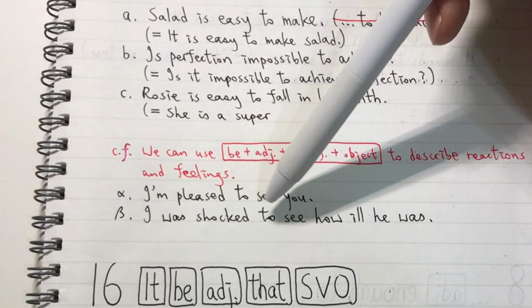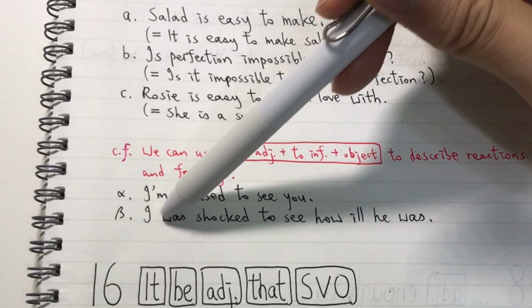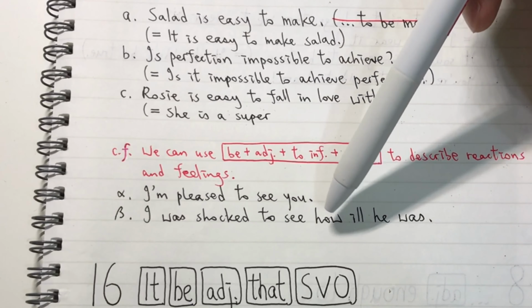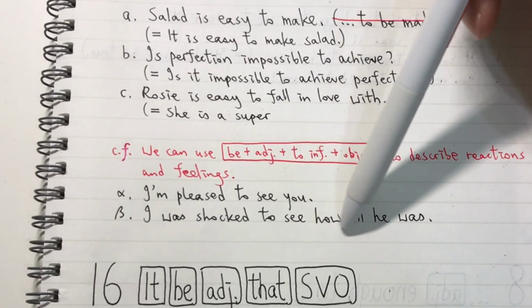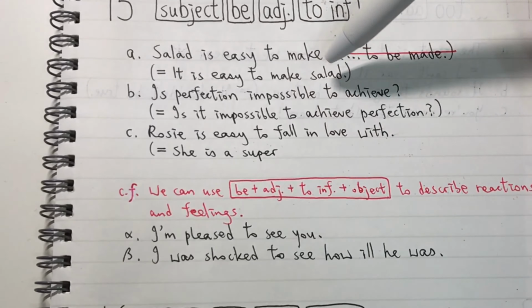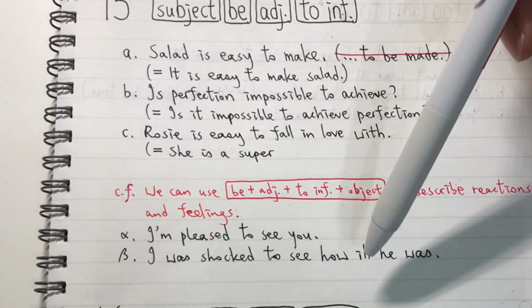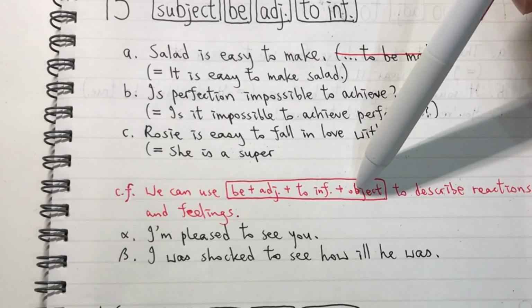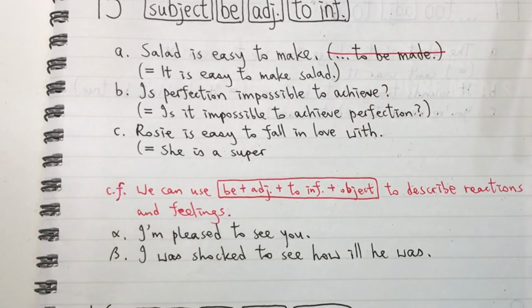I was shocked to see how ill he was. I was shocked to see something. Object. This is the object. How ill he was. So never confuse this pattern with this one. With an object, the whole pattern is different.